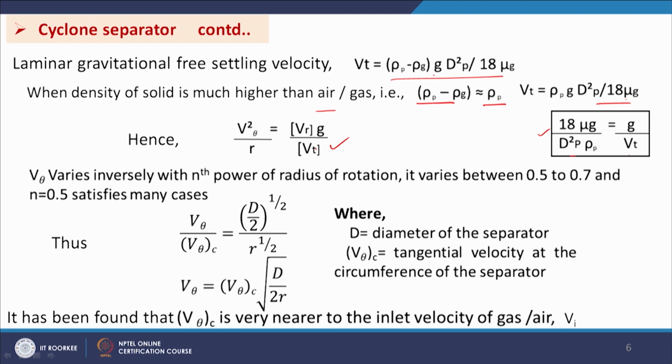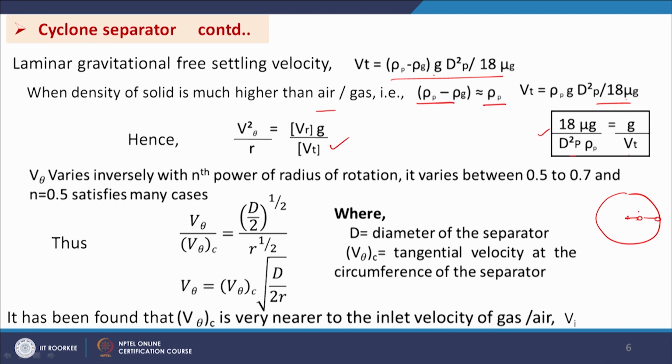Now, this V theta value will change. V theta means the tangential velocity, and the particle may be available at any position, that is, the r value may vary.